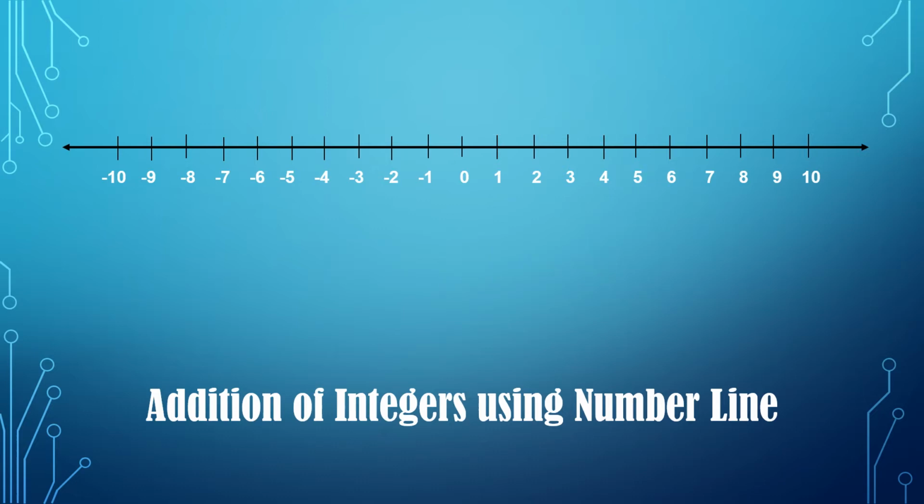Let's solve this second example. Negative 8 plus positive 5. On the number line, start from negative 8 and count 5 units going to the right since the sign of 5 is positive. 1, 2, 3, 4, and 5.